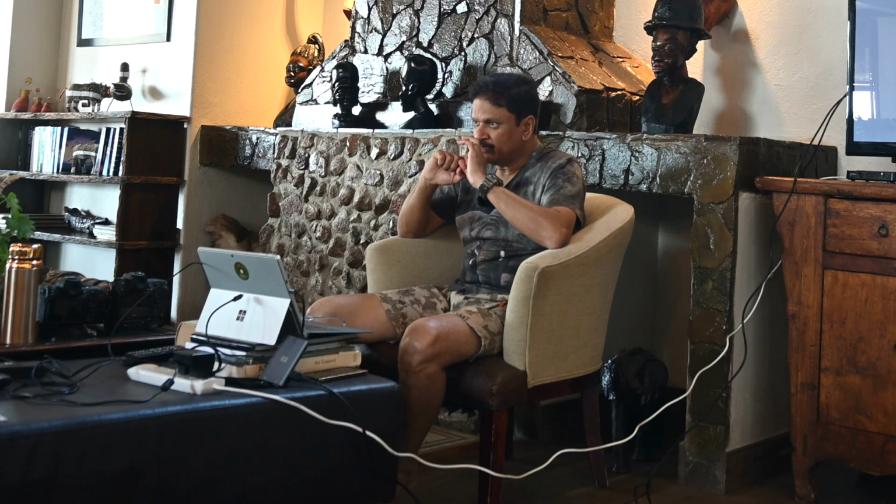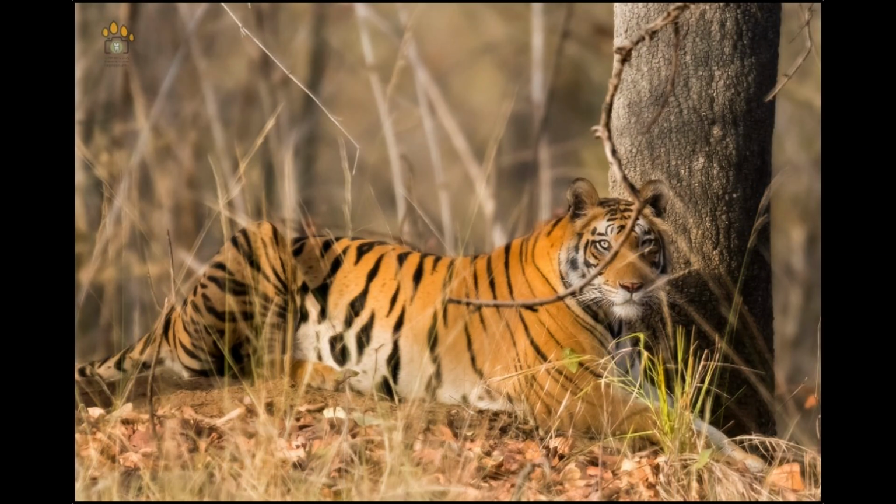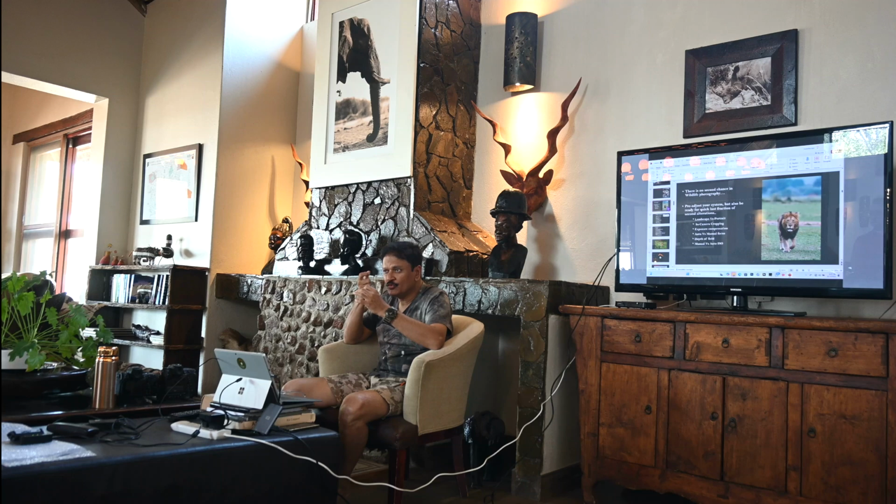Then auto versus manual focus. We invariably keep it in autofocus, but where there is clutter, or the subject is too far, or you feel the camera is not able to hunt or focus properly, at that time you switch to manual focus.